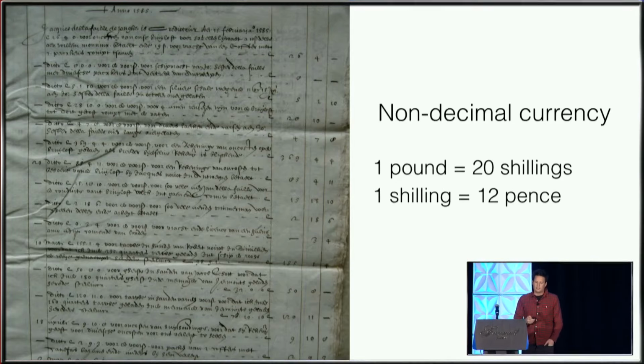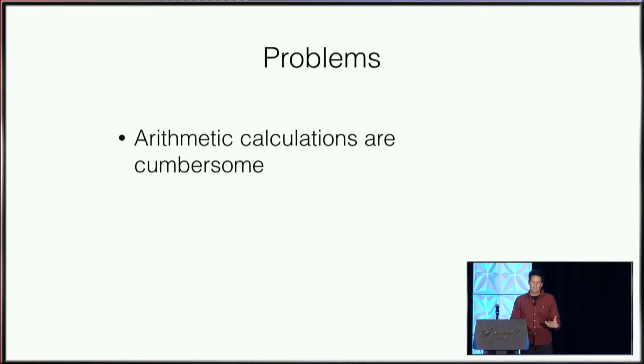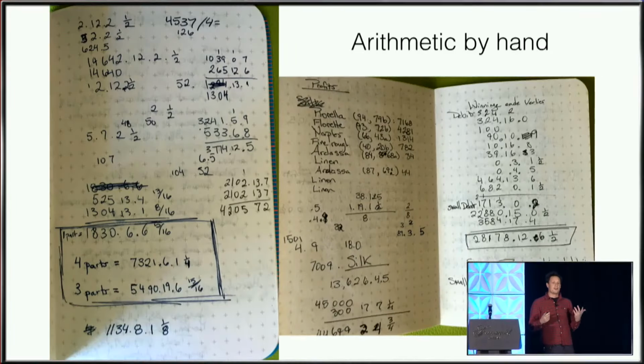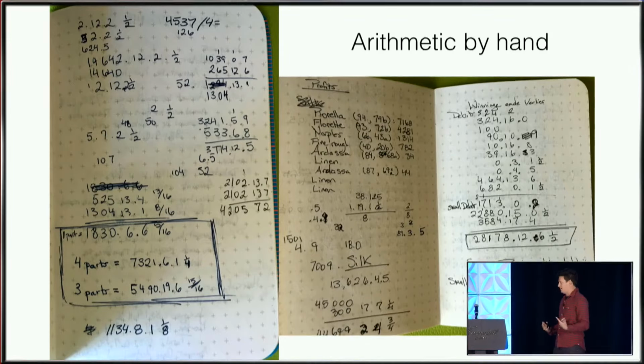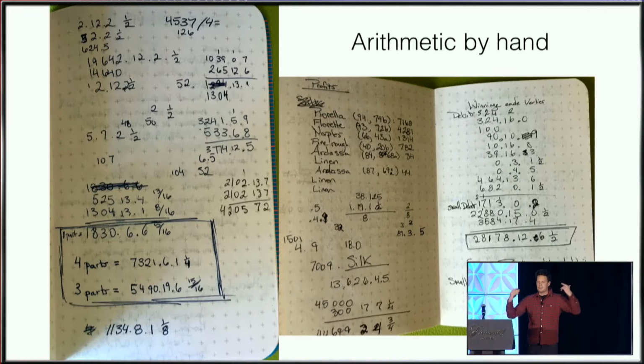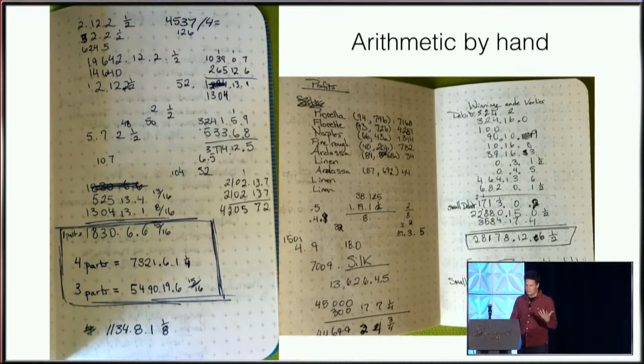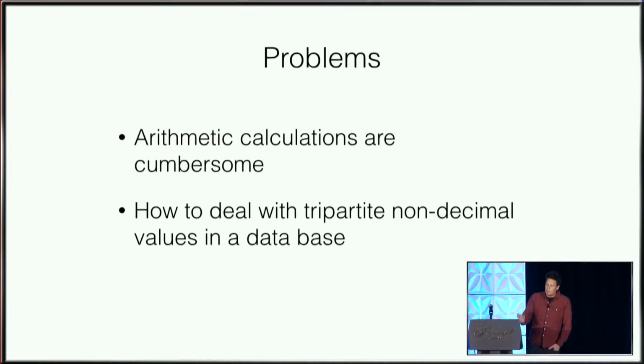So this creates a number of problems because it's not decimal. Firstly, arithmetic calculations are cumbersome. I never thought I would be doing so much arithmetic as a historian. So I have pages and pages of just doing handwritten arithmetic. It's not hard, but more importantly, probably, is how to deal with tripartite non-decimal values in a database.